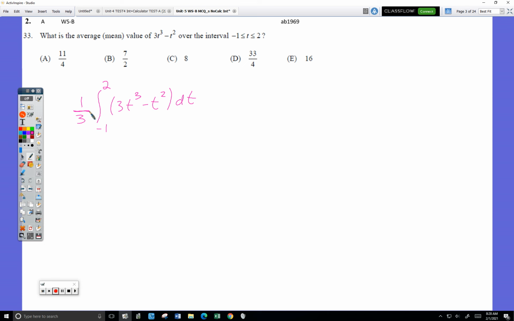Because I can't use my calculator, I want to think of the fundamental theorem, which says the integral from -1 to 3 of f prime is the same thing as f evaluated at the 2 limits.